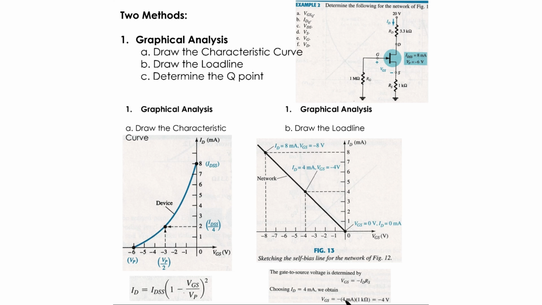So with ID equal to 4 milliampere, what we were able to solve is a VGS that is equal to negative 4 volts. Connecting these 2 points and projecting it will result in what we call our load line. We can also have this point by substituting ID equal to 8 milliampere, and that will result in a VGS equal to negative 8 volts.